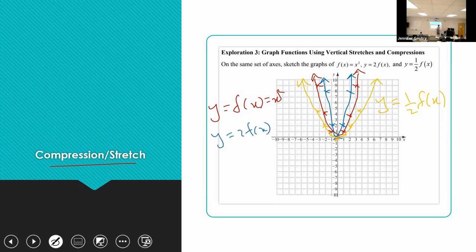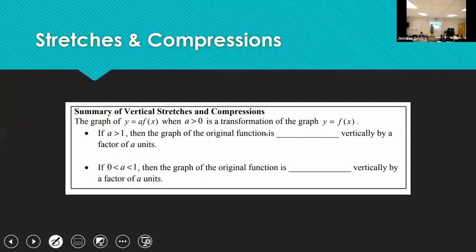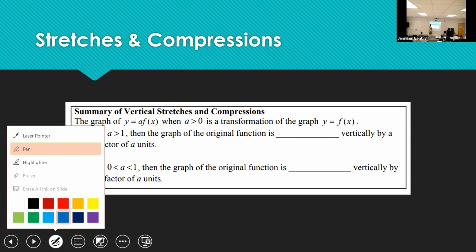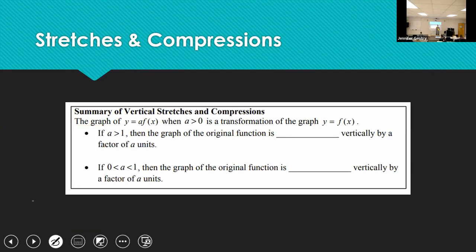The graph of af when a is greater than 0 is a transformation of the graph. Transformation is just a fancy way of saying stretch or compress, not move. If a is greater than 1, what happened? Did we stretch it or did we compress it? We compressed it.